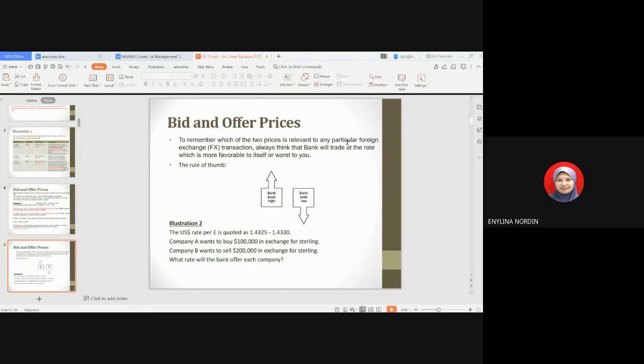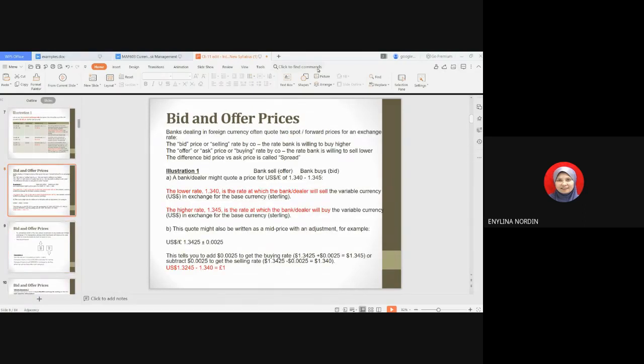Now, these are the points that you need to remember, the rule of thumb. From the transactions between the bank and the company, the bank will buy at high and the bank will sell at low. We take this example, just now, the example of how the bid and offer price are quoted by the bank.